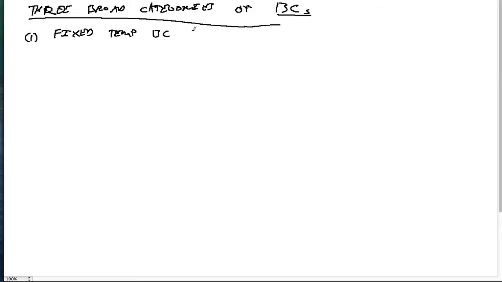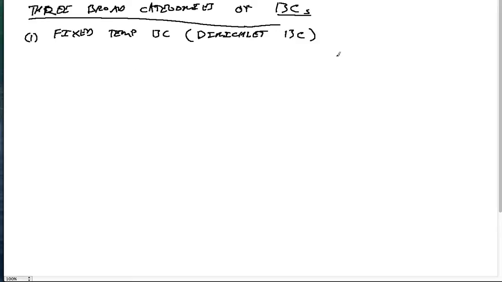And this goes under the technical term, and you'll hear this very often. It's called a Dirichlet boundary condition, named after a fellow named Dirichlet.